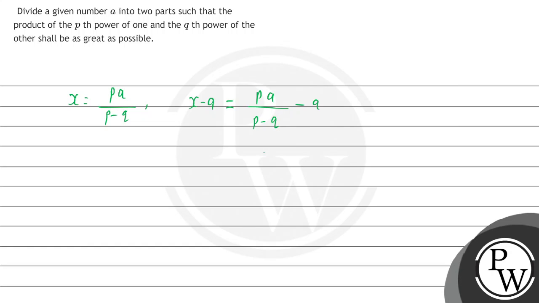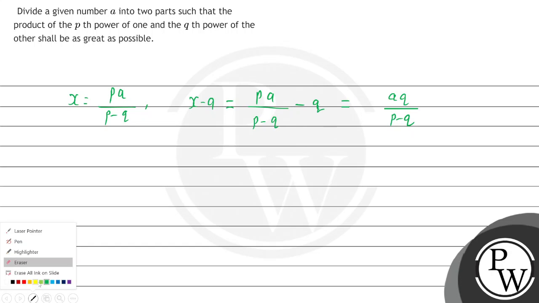After simplifying, we'll get minus aq by p minus q. So the two numbers are pa by p minus q and minus aq by p minus q, taken as positive here.